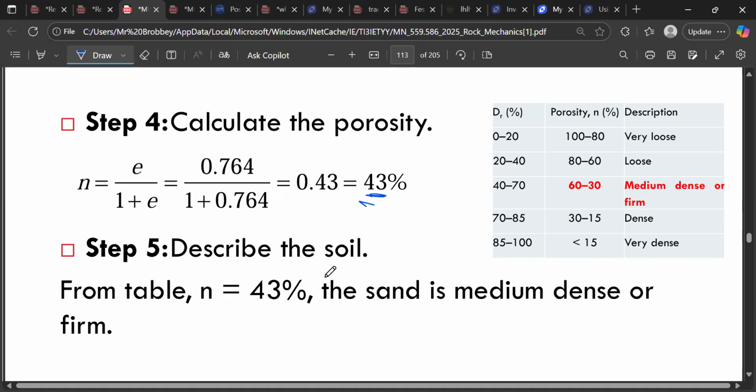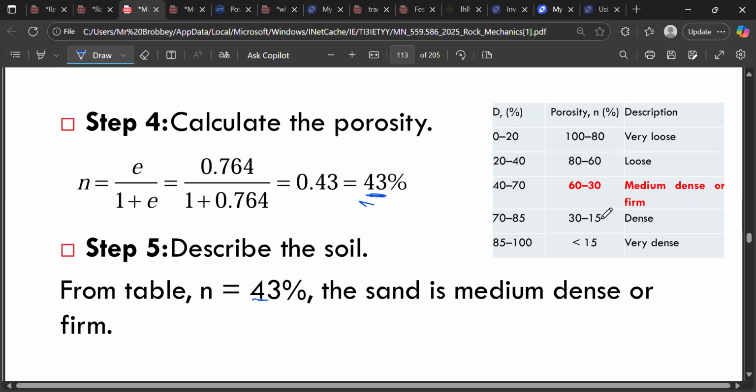describe the soil, right? So these mathematical calculations have their implications, right? And then we have a chart here to help us interpret this soil, right? So it says that from the table, N is about 43%.